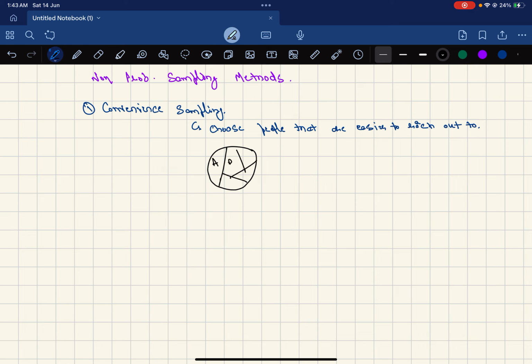Let us say we have A, B, C, D, and E, and let us say the surveyor lives in state C. Now since he lives in state C, he decides he doesn't want to travel, so he takes a survey of a few sampling adults from state C itself.